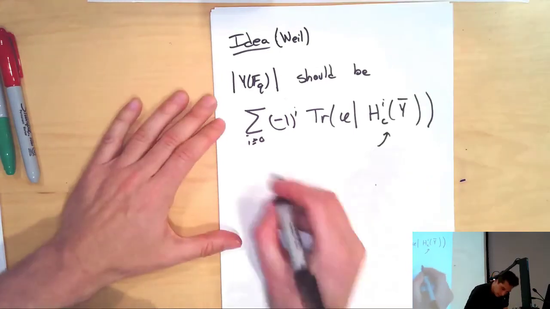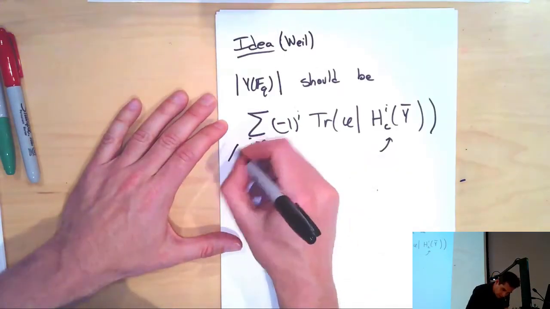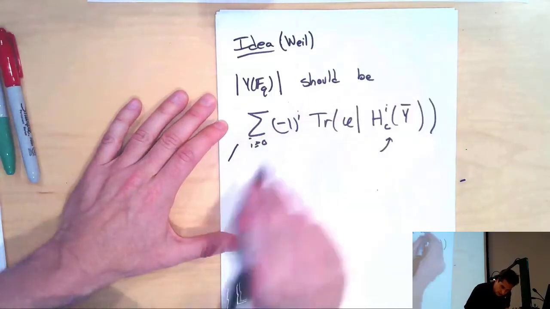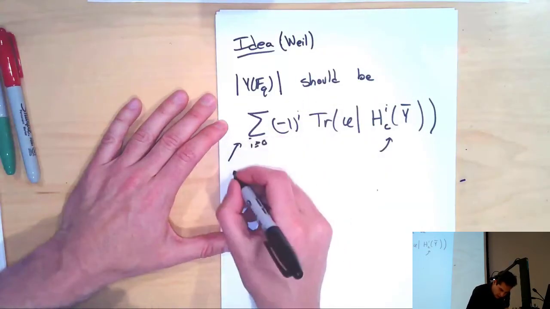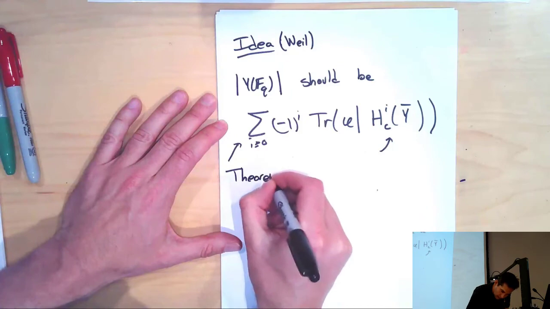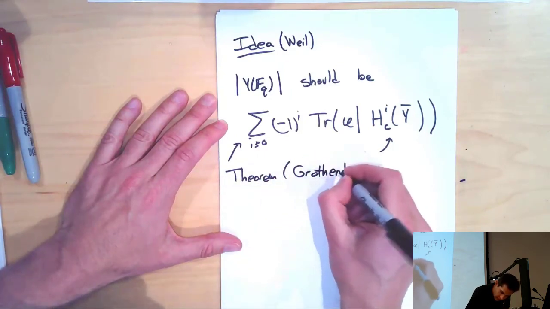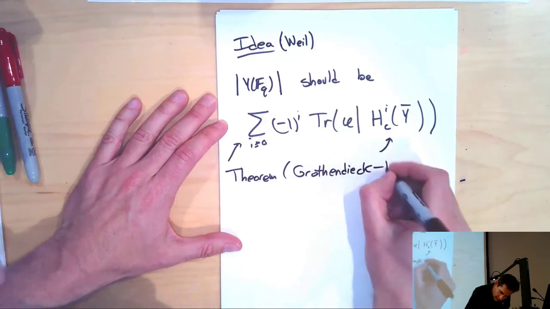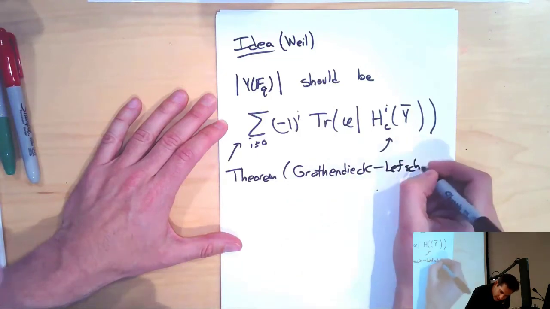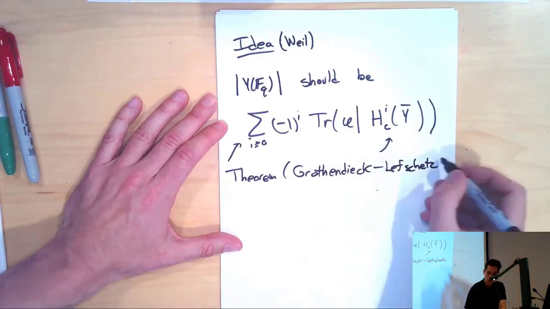And so this idea that this should be equal is now a theorem called the Grothendieck-Lefschetz trace formula, or I guess in this case, the Grothendieck-Lefschetz fixed point formula.